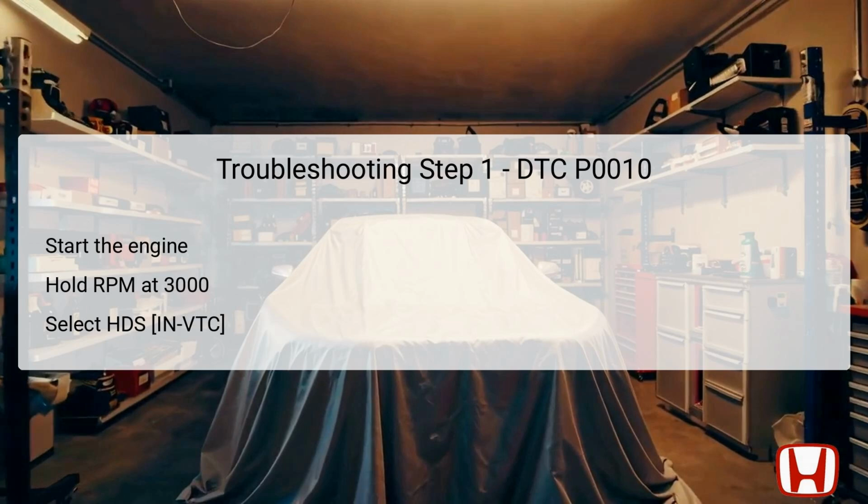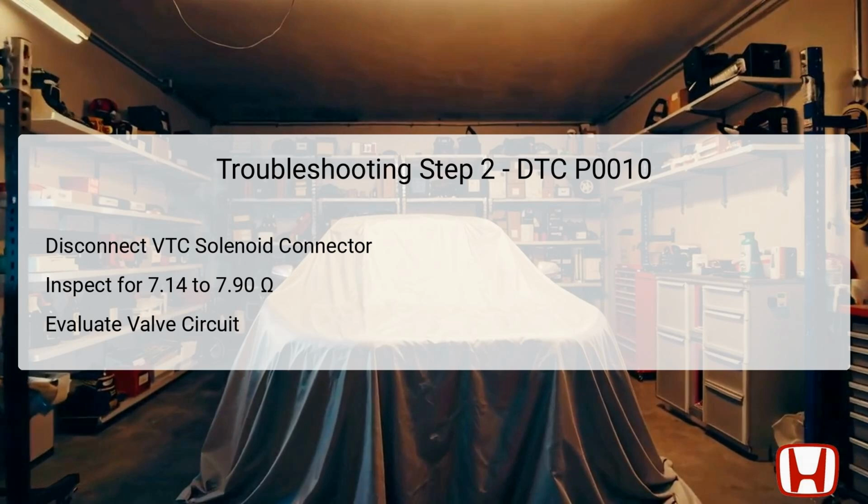Reviewing the VTC data at this stage is foundational in determining whether the component is functioning correctly. In this step, the technician needs to disconnect the VTC oil control solenoid valve A connector, which is typically a 2-pin 2P connector. This disconnection allows for safe inspection of the internal valve circuit.